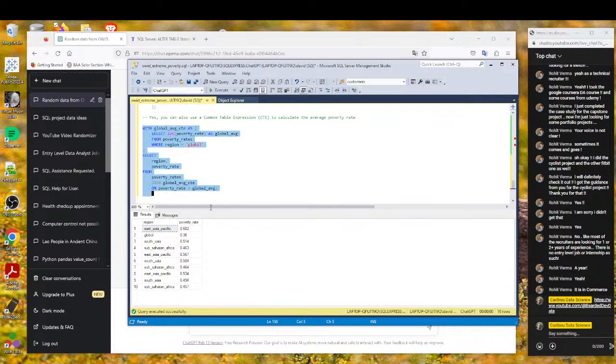Let's see if this gives us the same results. Yep, it does. 36% again, the global poverty rate, and all these are above it.